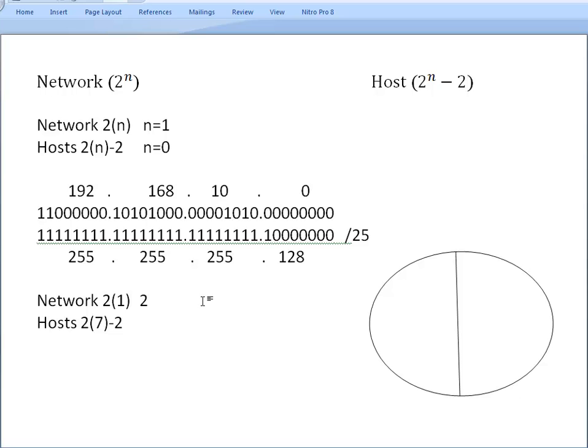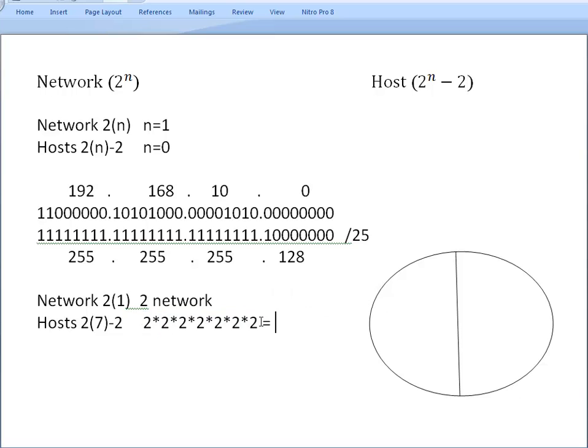2 to the power of 1 is 2. So if we borrow one bit, we get 2 networks. And each network will have, we calculate now how many hosts: 5, 6, 7. So 2 times 2, 7 times. 2 times 2 is 4, times 2 is 8, times 2 is 16, times 2 is 32, times 2 is 64, times 2 is 128.